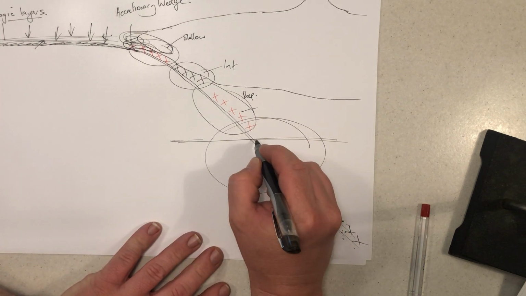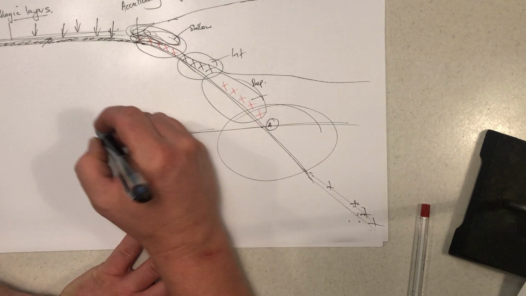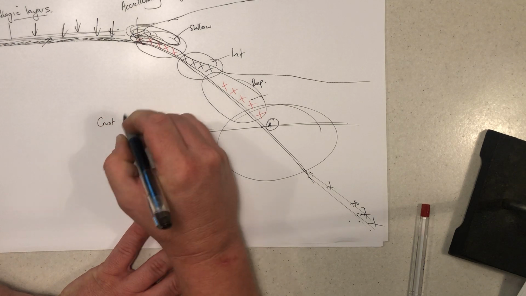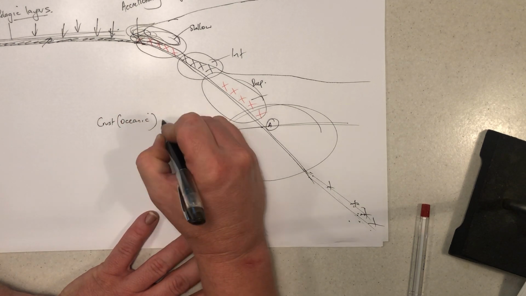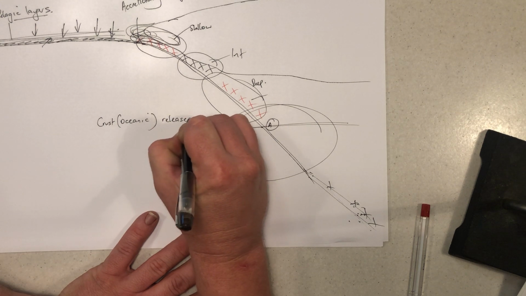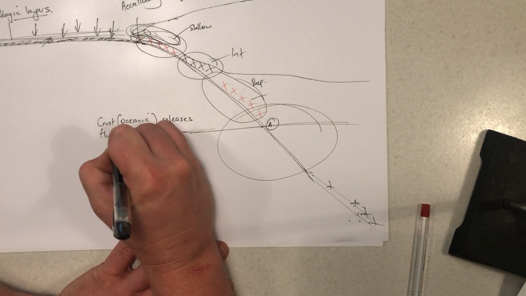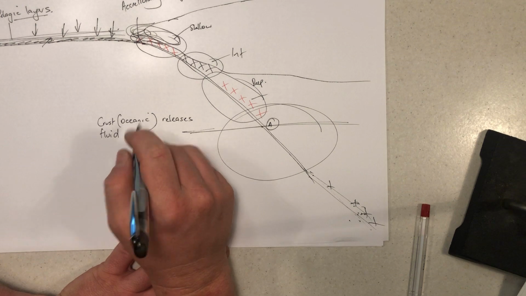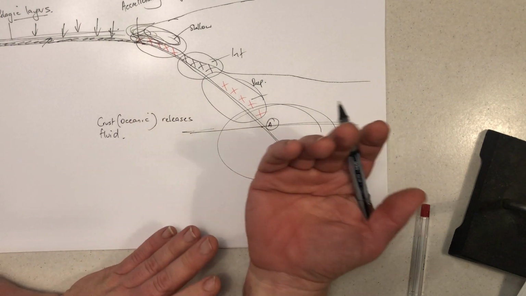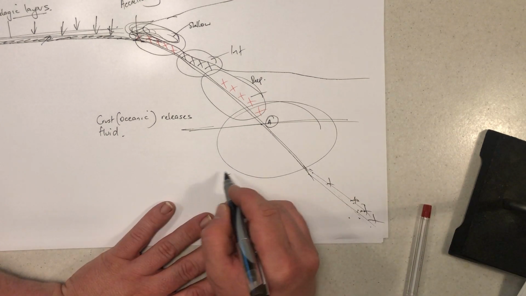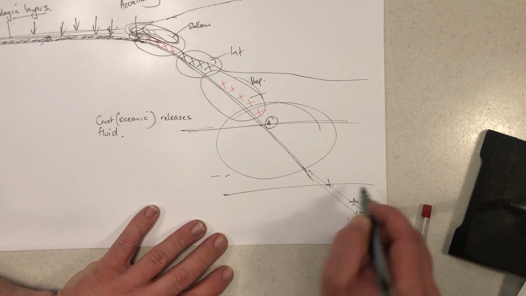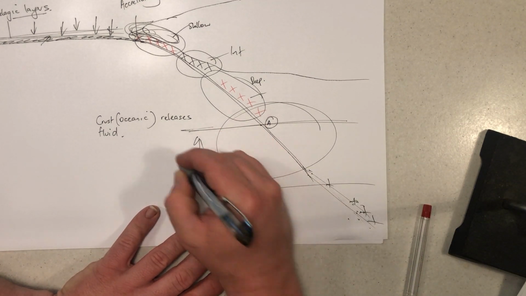So I'm going to write this here: oceanic crust releases fluid. This can happen anywhere between 80 and 180 kilometres. Let's draw it like there, 80 to 180.